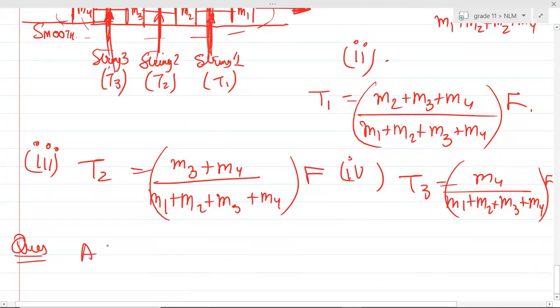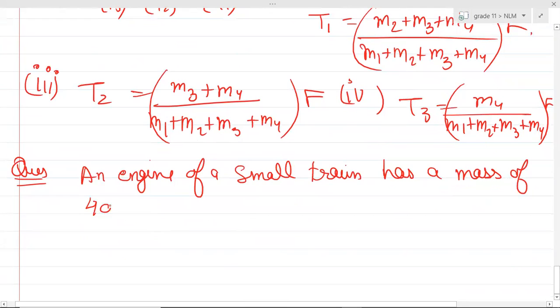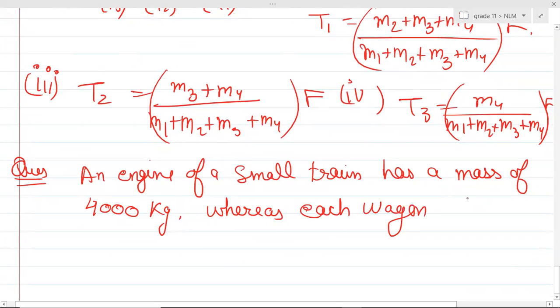An engine of a small train has a mass. So there is a train which consists of an engine, and the mass of the engine is 4000 kg.